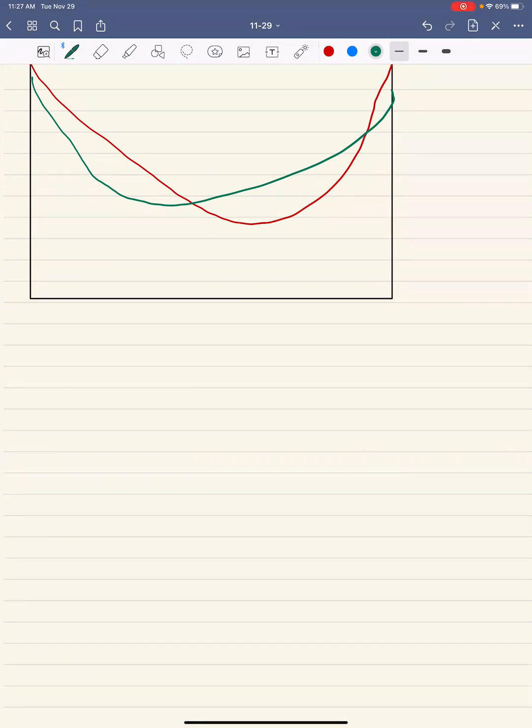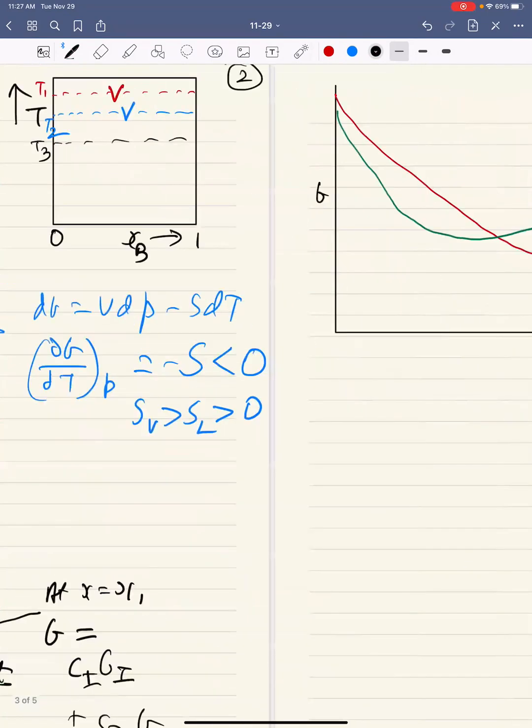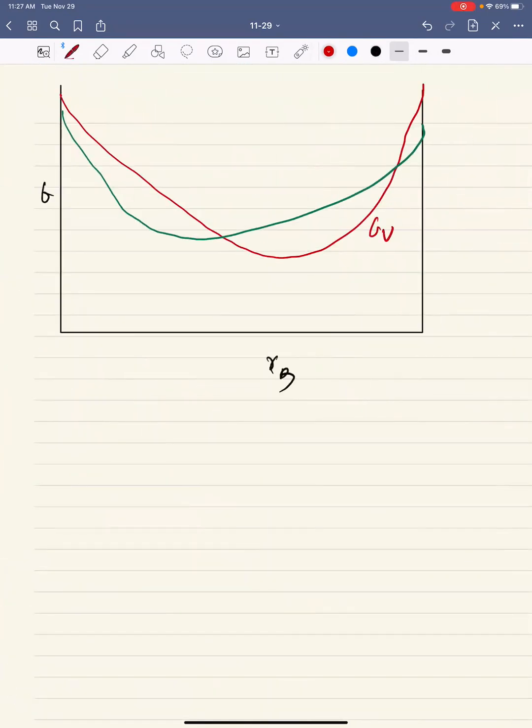So once you are faced with these curves, and this is G, and this is XB, and red is GV, and green is GL, what should be my next step in order to figure out what phases will form at this particular temperature?